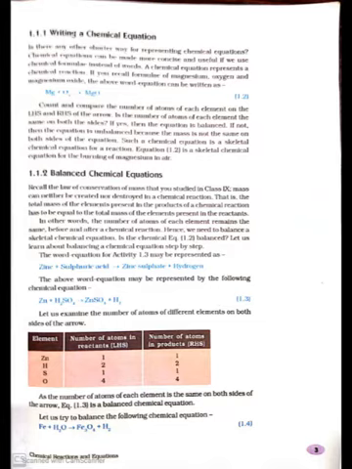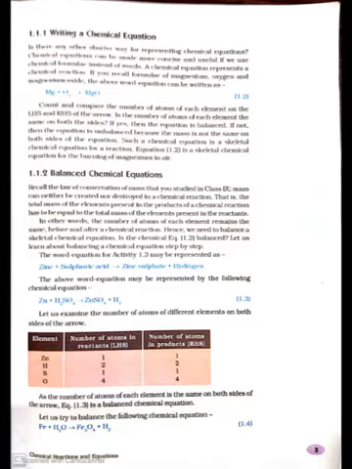For hydrogen, number of atoms in reactant 2, in product 2. Sulfur, number of atoms in reactant 1, in product 1. For oxygen, number of atoms in reactant 4, in product 4.